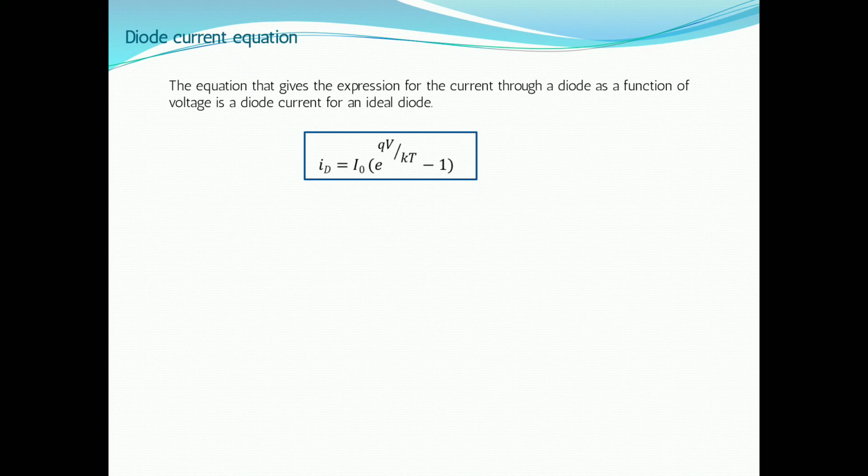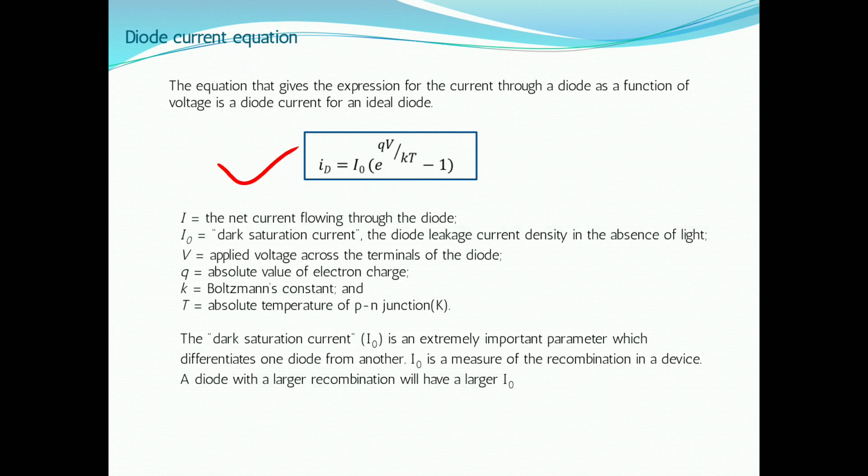So the current flowing through the diode is a function of applied voltage, and this current is given as ID equals I0 into e raised to qV upon kT minus 1, where ID is the net current flowing through the diode, and I0 is the dark saturation current or the diode leakage current density in the absence of light, also called the reverse saturation current.